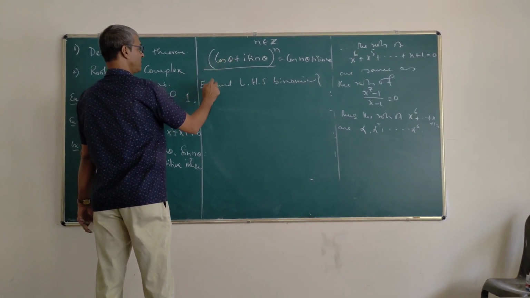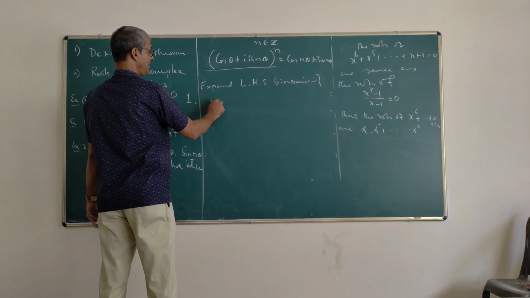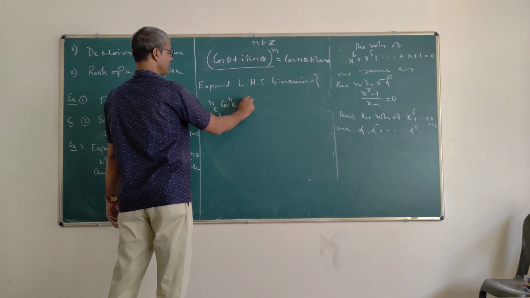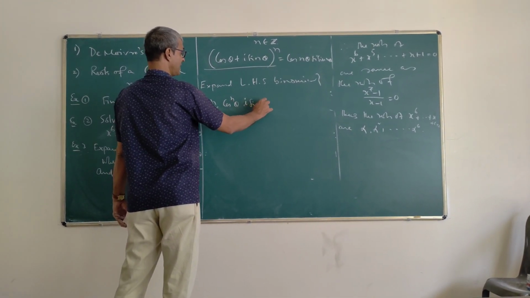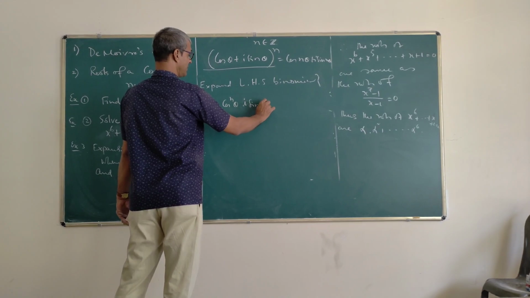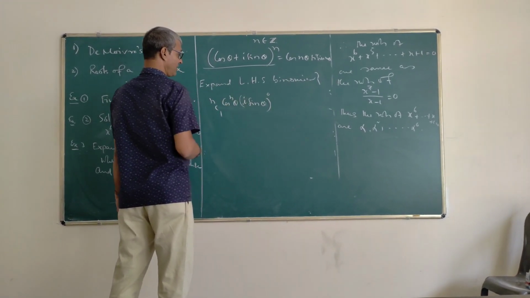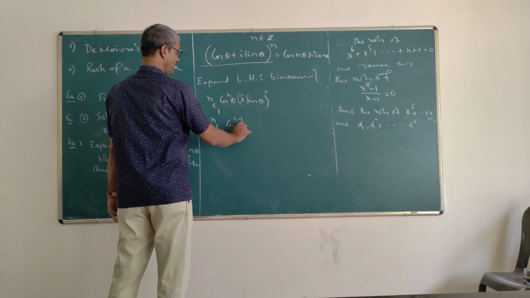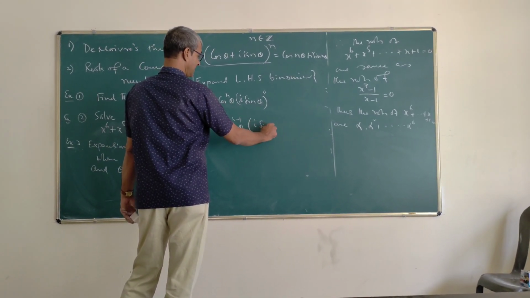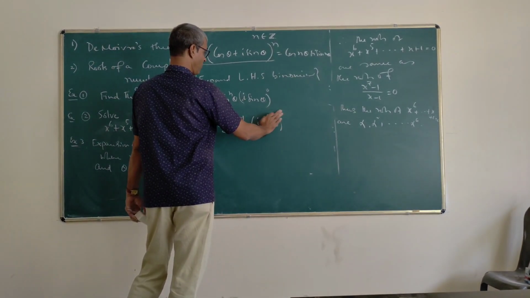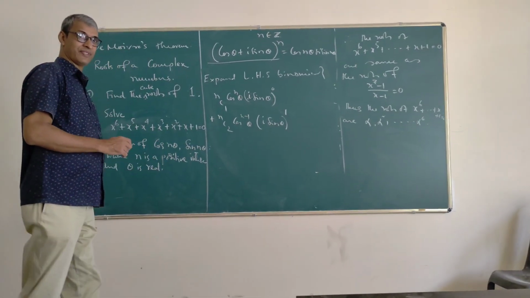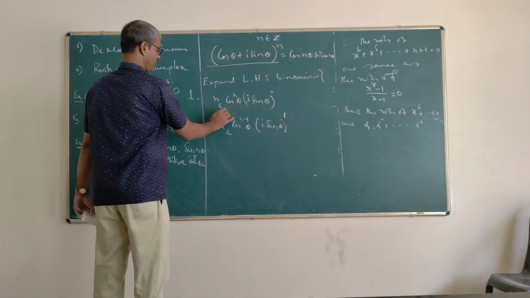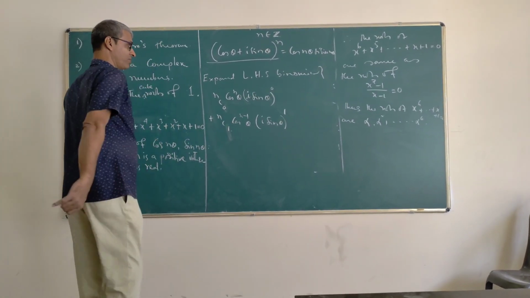Then you will get, what will be the first term? nC0 cos^n theta (i sin theta)^0. Then nC1 cos^(n-1) theta (i sin theta)^1.